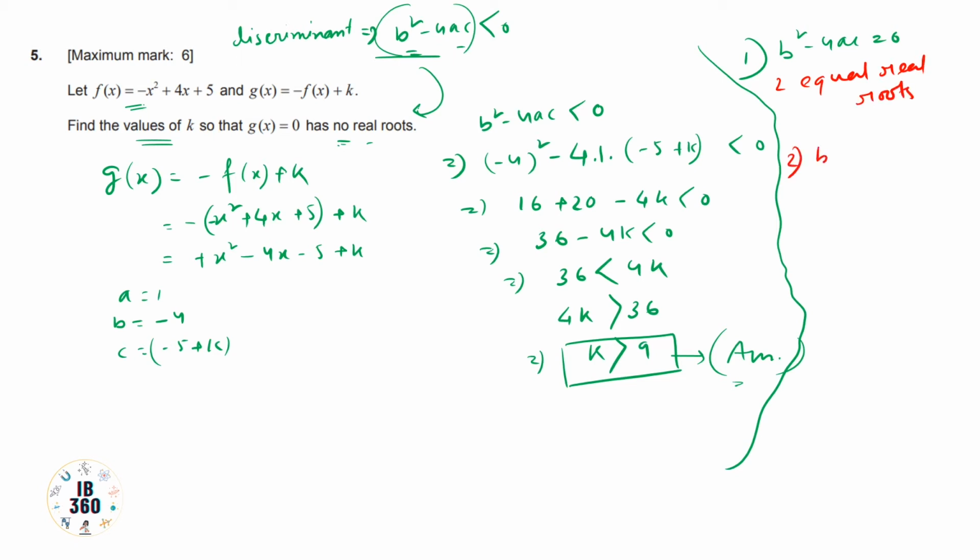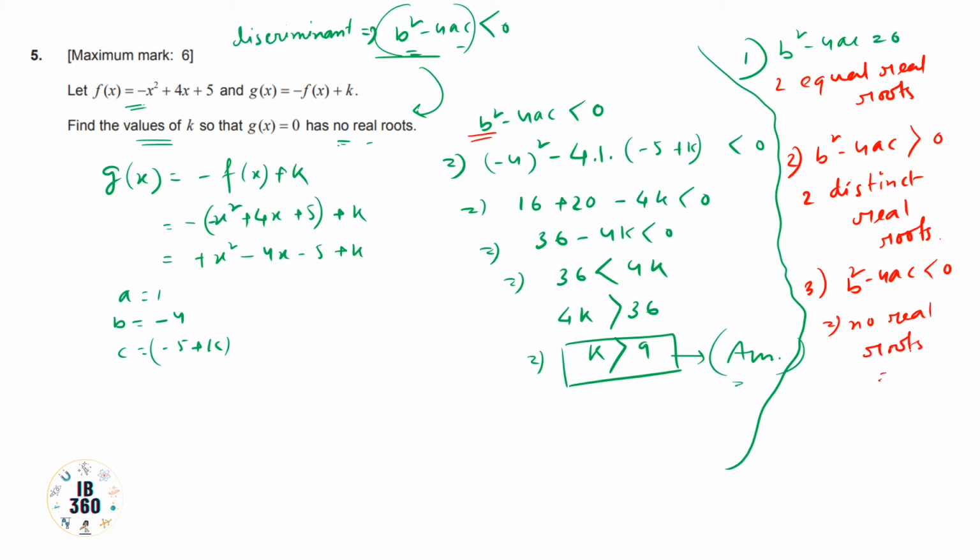If b square minus 4ac is greater than 0, then we will get two distinct real roots. And for the third case, which we have discussed here, b square minus 4ac less than 0, then we will get no real roots.